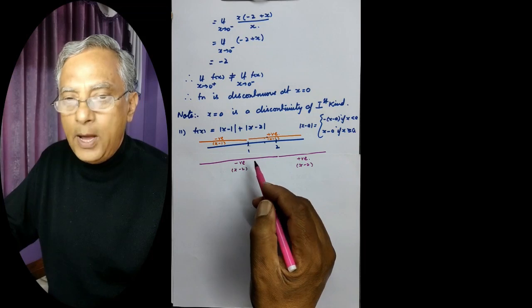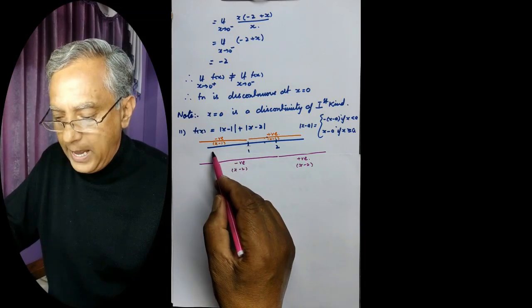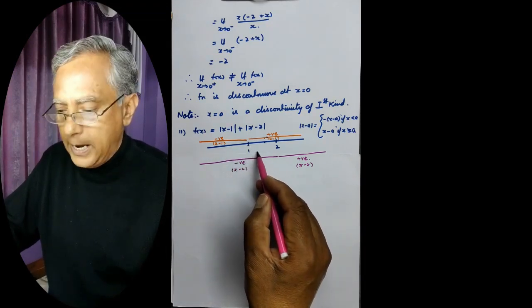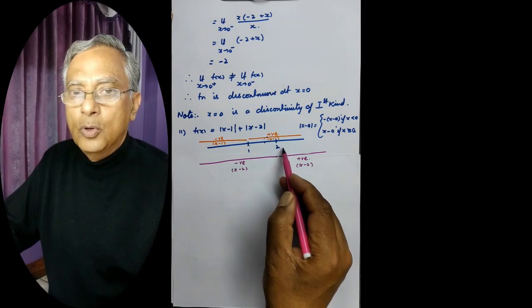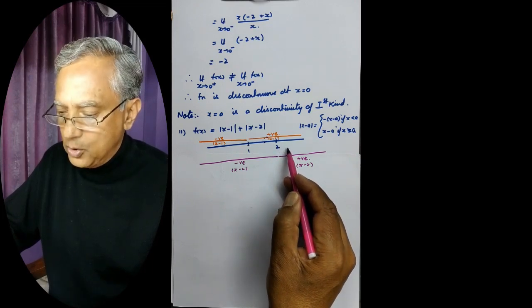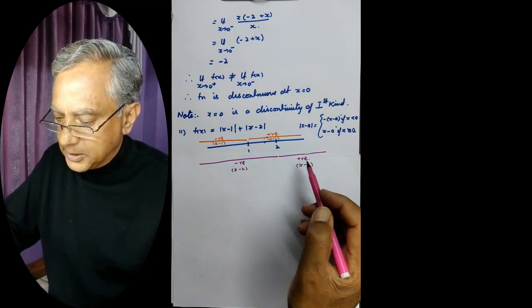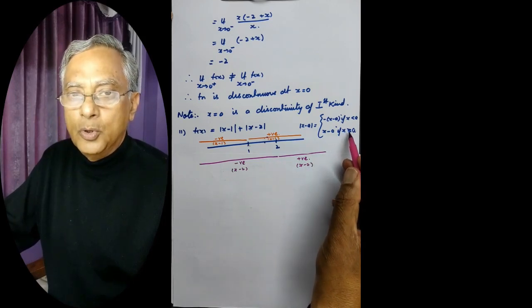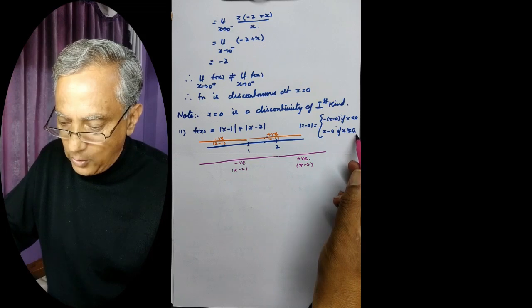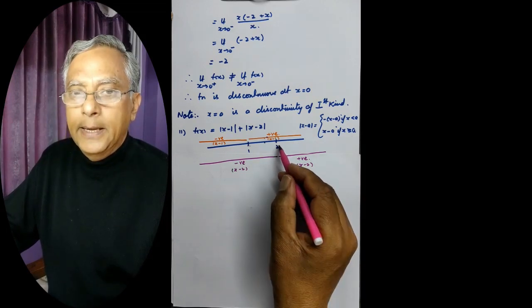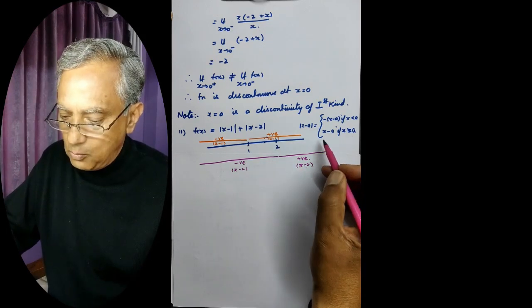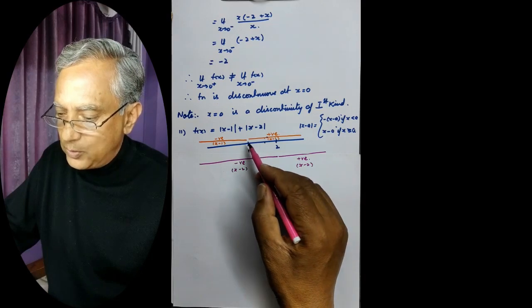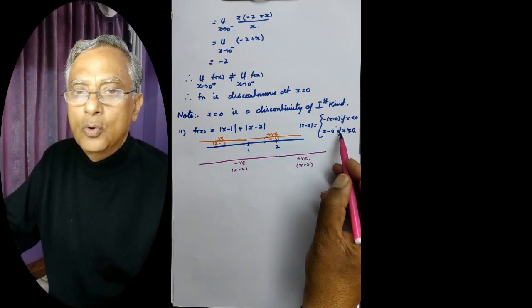So we break this number line into three intervals. X is less than 1, 1 is less than or equal to x is less than 2, and x is greater than or equal to 2. X is greater than or equal to 2 because x minus 2 is positive in x greater than or equal to 2. So equality we are including here. And here also mod of x minus 1 will be x minus 1 if x is greater than or equal to 1.